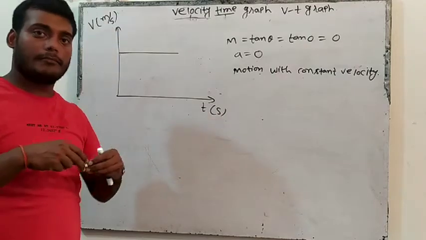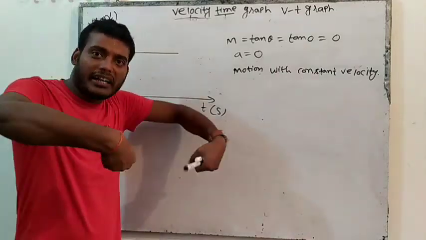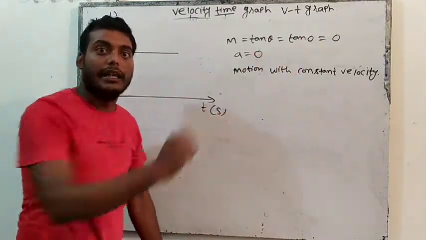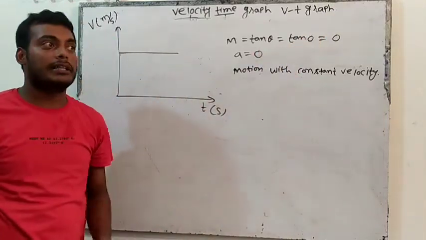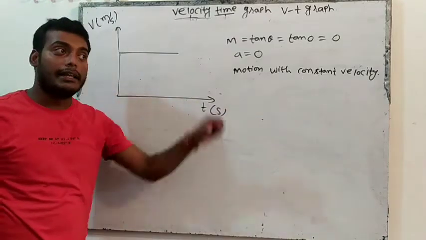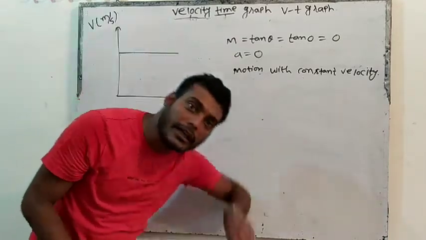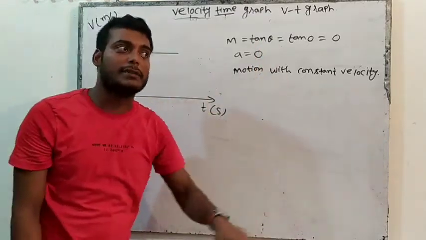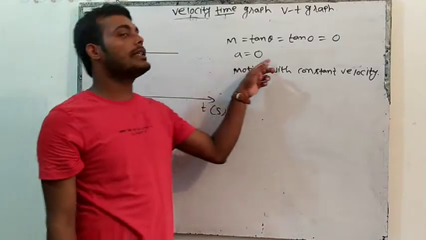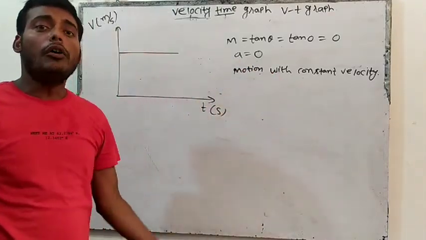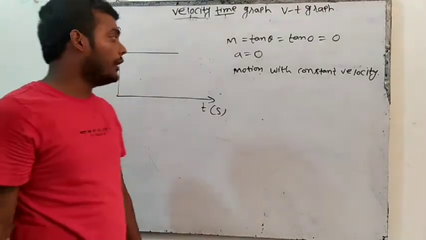Positive acceleration means, suppose you are on a bike and you give accelerator and your speed is increasing, that means you are giving positive acceleration. Positive acceleration means the speed of an object will increase. Negative acceleration means the speed of the object will decrease. But if the acceleration is 0, that means neither positive nor negative, so the speed of the object will be uniform.